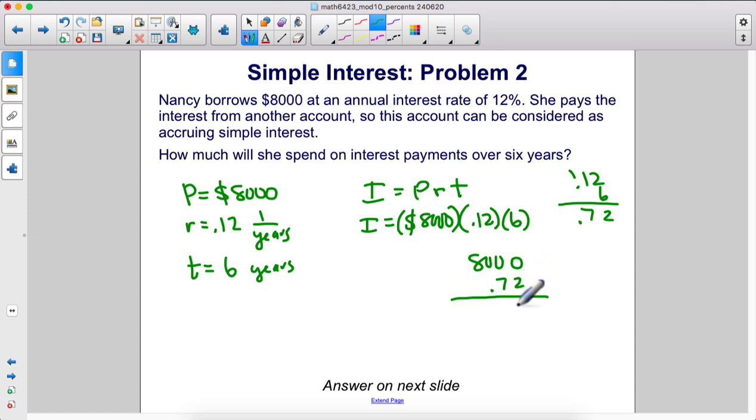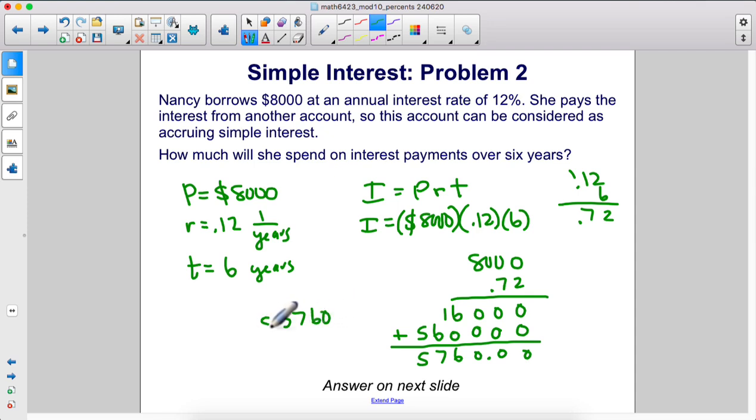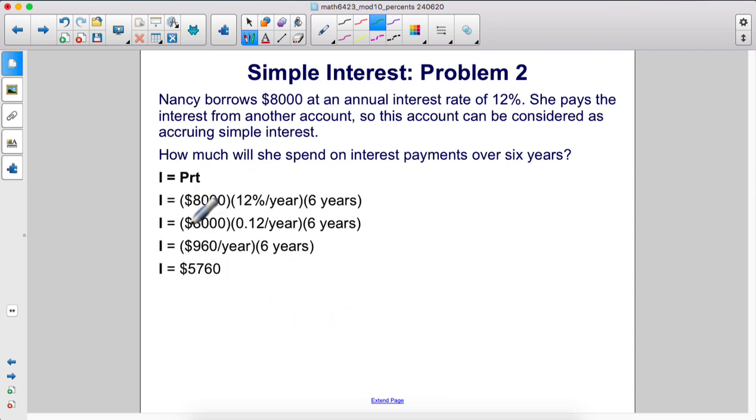Add those together and move the decimal 2 spots over. The answer is $5,760. And there is the answer, $5,760 of interest.